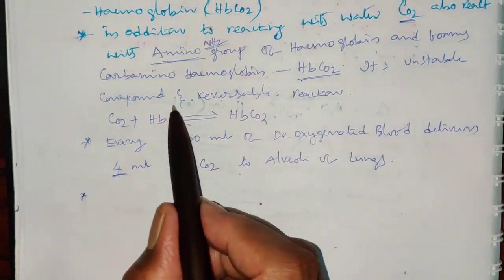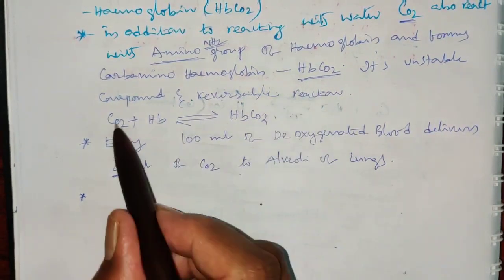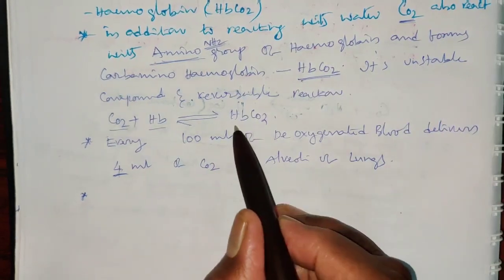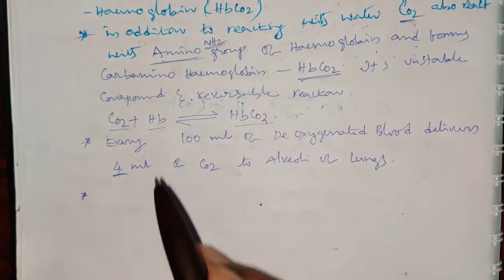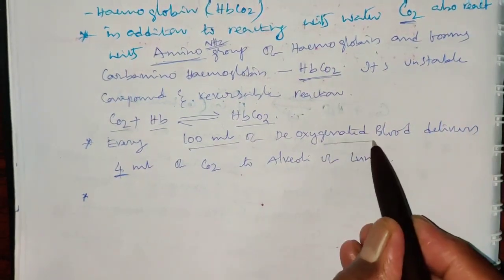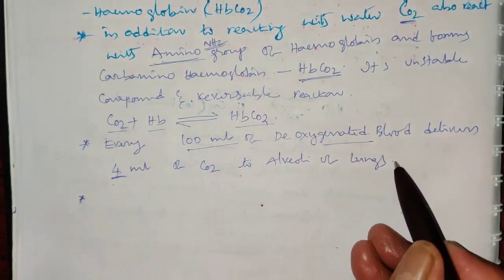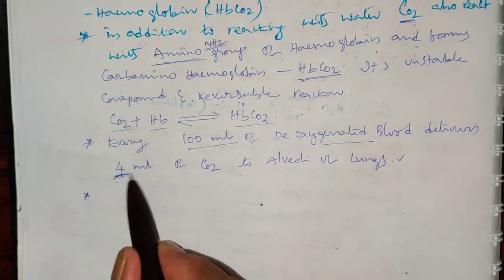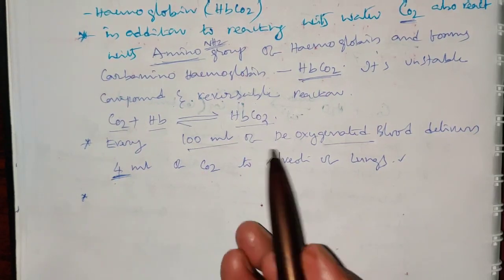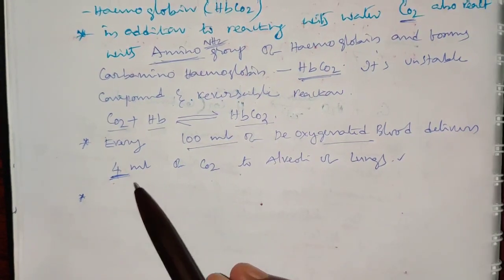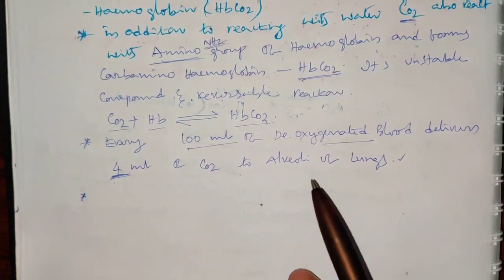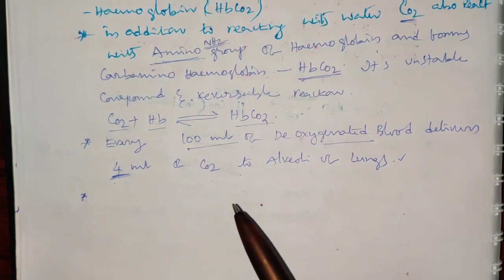It is an unstable compound and a reversible reaction. So carbon dioxide plus hemoglobin gives carbaminohemoglobin. Every 100 ml of deoxygenated blood delivers 4 ml of carbon dioxide to the alveoli of the lungs.